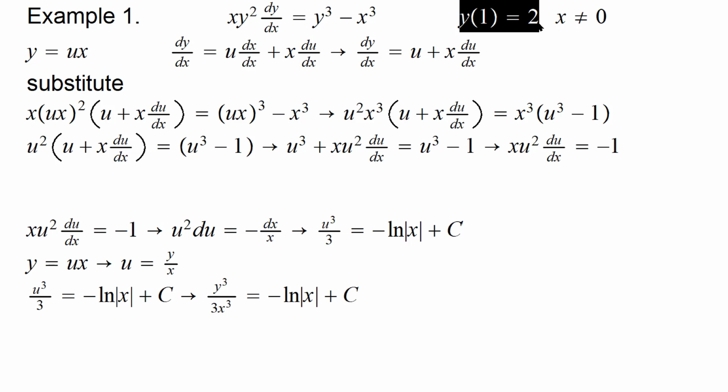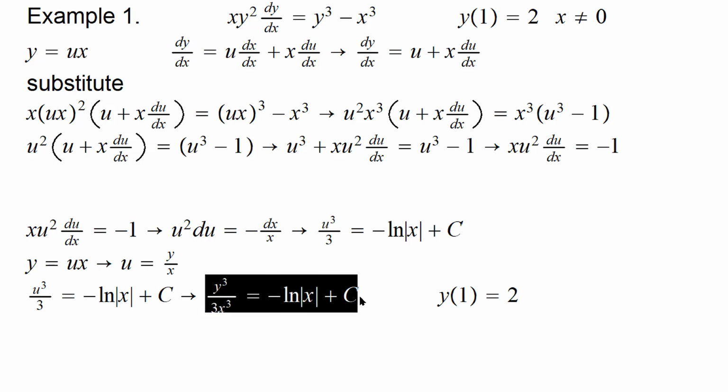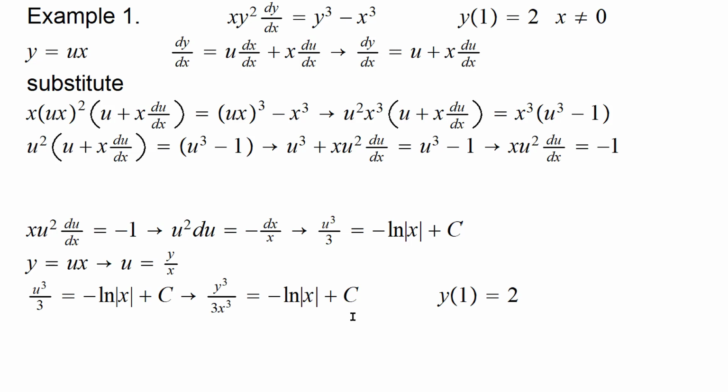Now we can bring this in, that is y for x equals 1 is 2. So if we substitute x equals 1 in here, y will become 2. What this gives us is, natural log of 1 is 0. This is 8, and this is 3 downstairs.